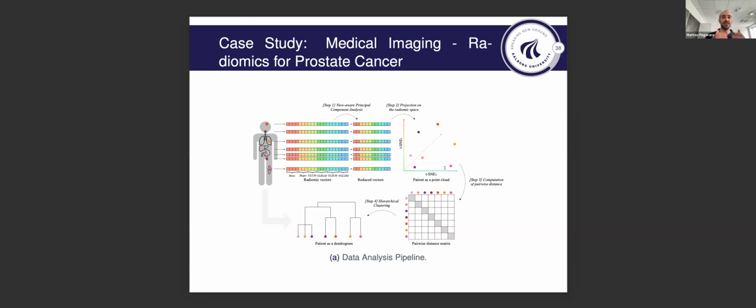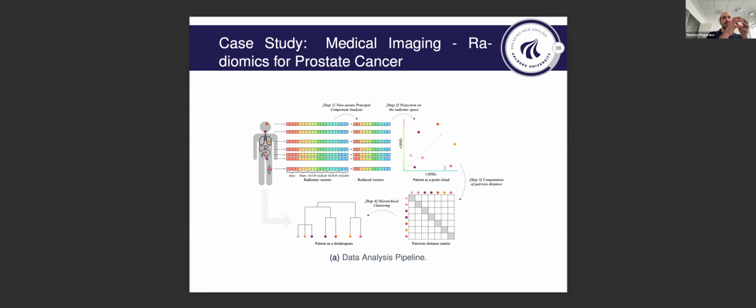Then, each one of these pictures is embedded into a high-dimensional Euclidean space with the extraction of some features that are called radiomic features. There's a lot of literature on those, and they are going to be things like the average intensity, the max intensity, the minimum, the variance of the intensity by pixel, aggregated in some fashion, and similar stuff.